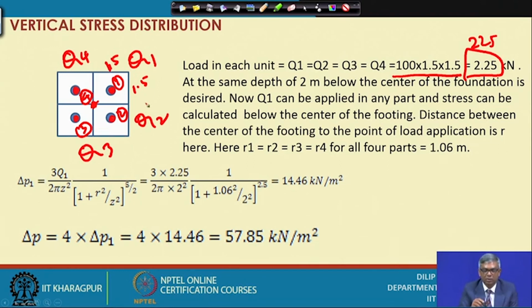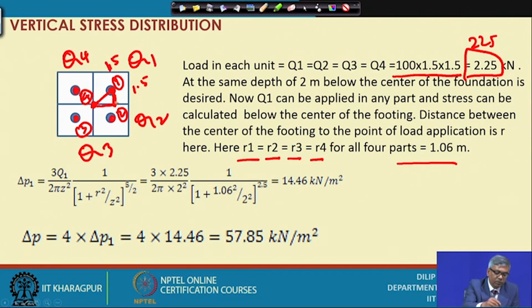So, what is the R now? The distance from the center to the center of the smaller footing is, suppose, R1 for segment 1, R2 for segment 2, R3 for segment 3, like that if I proceed, and R1 will be equal to R2 will be equal to R3 will be R4, and that will be equal to how much? So, this is actually the distance.